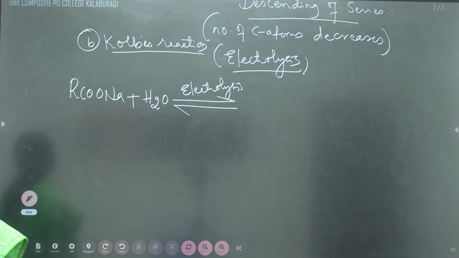Always remember that acetic acid, benzoic acid, all these carboxylic acids form weak electrolytes.